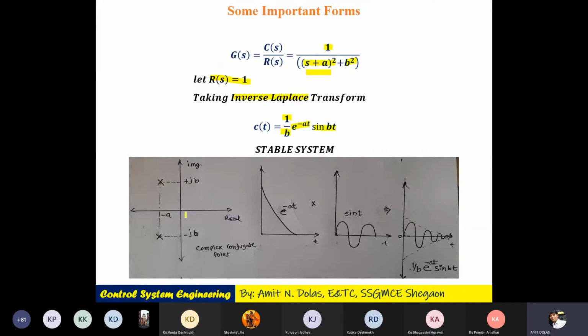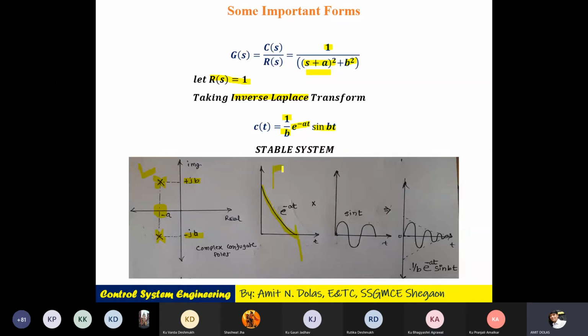Where are the poles located? The poles are located in the left half plane, and they are complex conjugate poles, a plus jb and a minus jb. The real part will be a here. So here there are two signals. I will plot one signal, e raised to power minus at, the exponential decay.